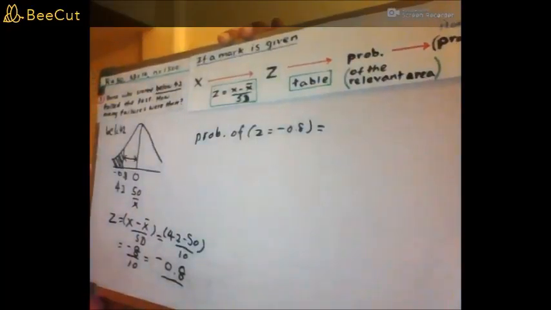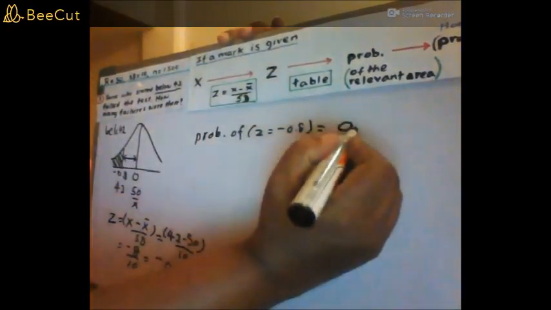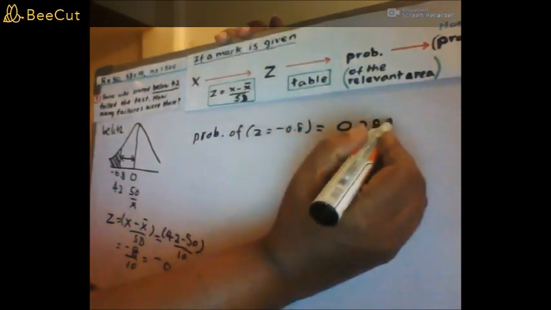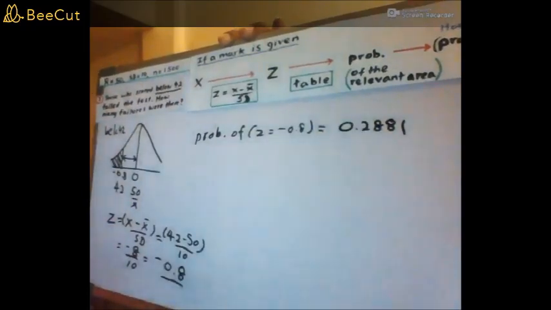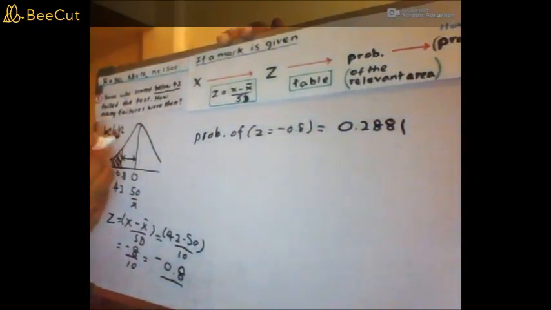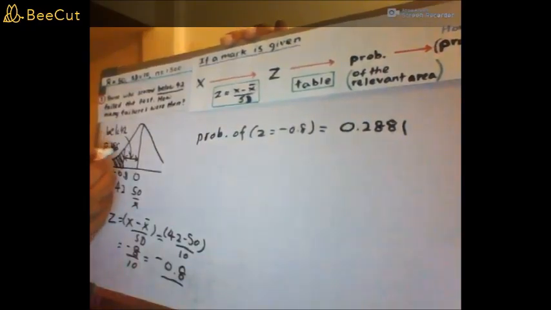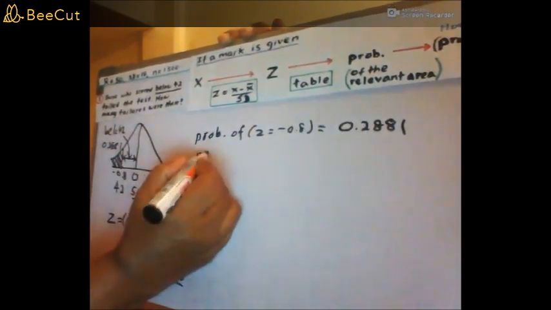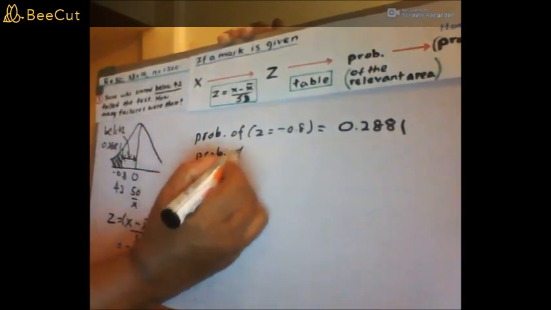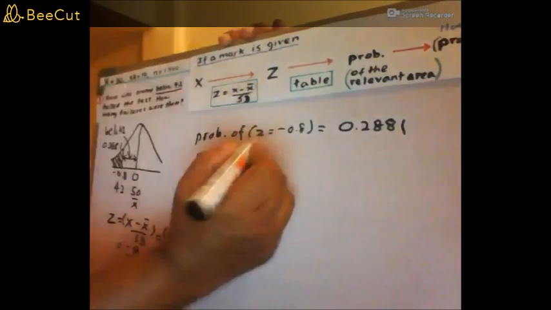That is 0.2881. Then what do you have to find? This one. So we have to deduct probability of the shaded area.